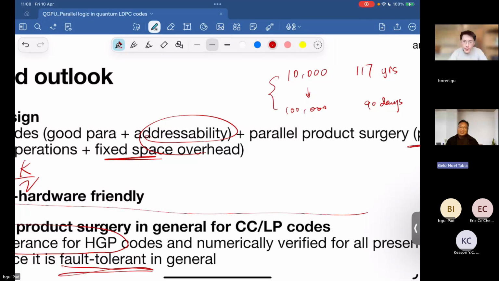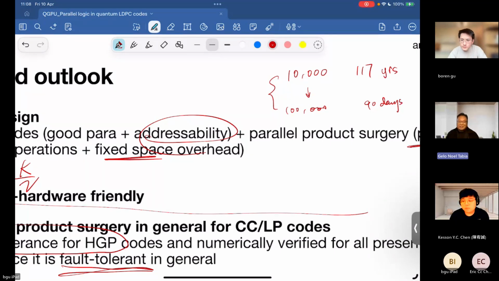Okay. My question is, at least you foresee that this method that you have will still be performing well in this kind of range, right? The codes that they're considering in this work are also LDPC codes, but with a slightly larger size, less than 1,000 physical qubits.